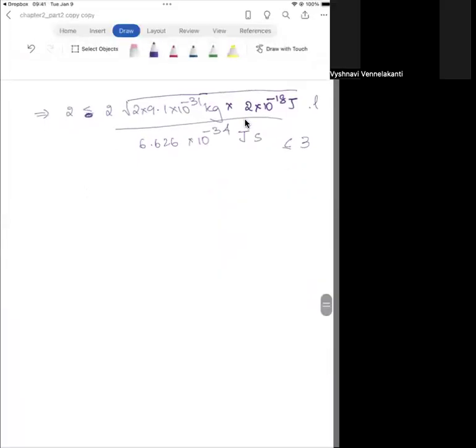So now let's plug in the values for this and solve it.